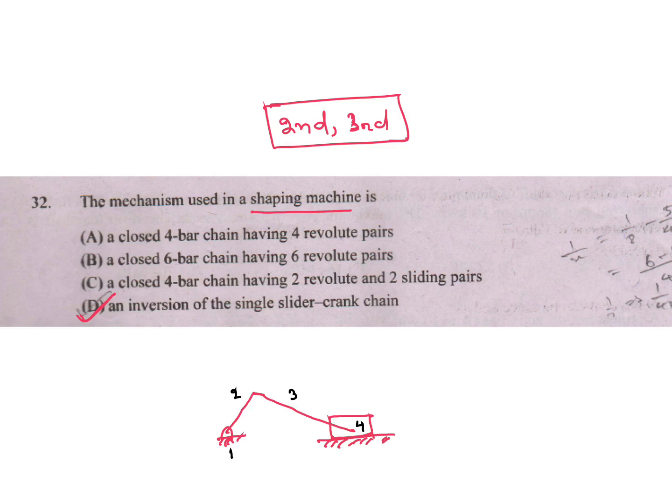For single slider, if you fix the second one, you will get shaping machine mechanism, and in the second case if you fix the third one, again you will get shaping machine mechanism.